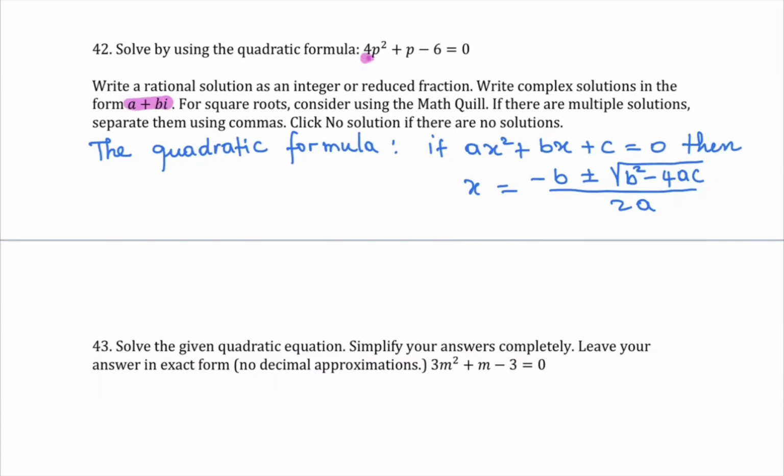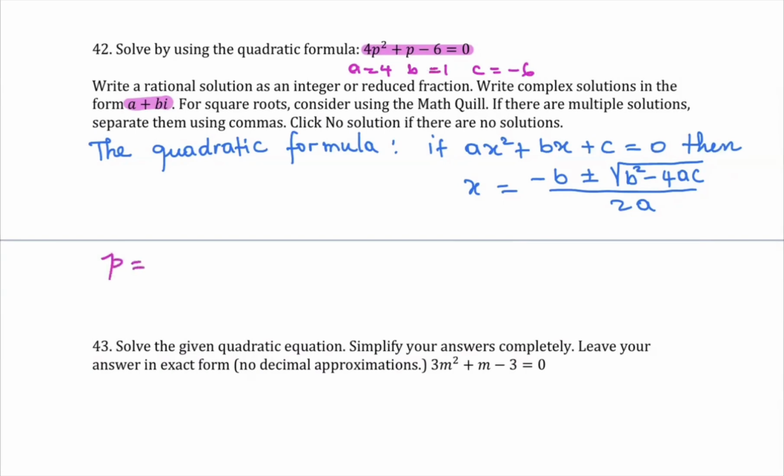Now the equation 4p squared plus p minus 6 equals 0 is a quadratic equation, right? So a equals 4, b equals 1, c equals -6, right? So we will plug in a, b, c in the quadratic formula.